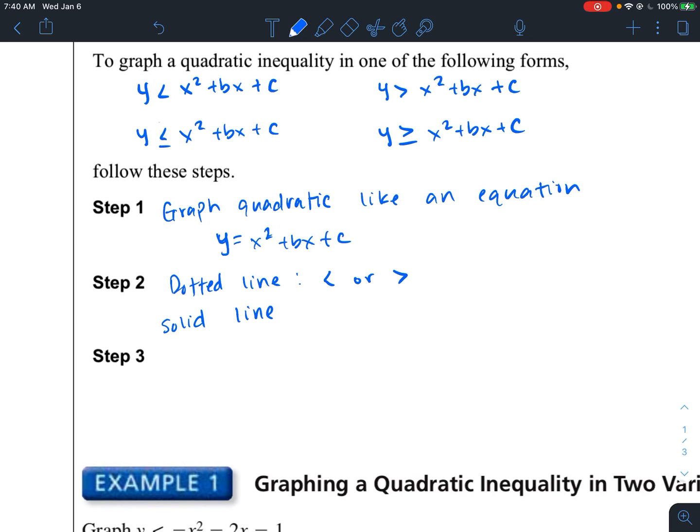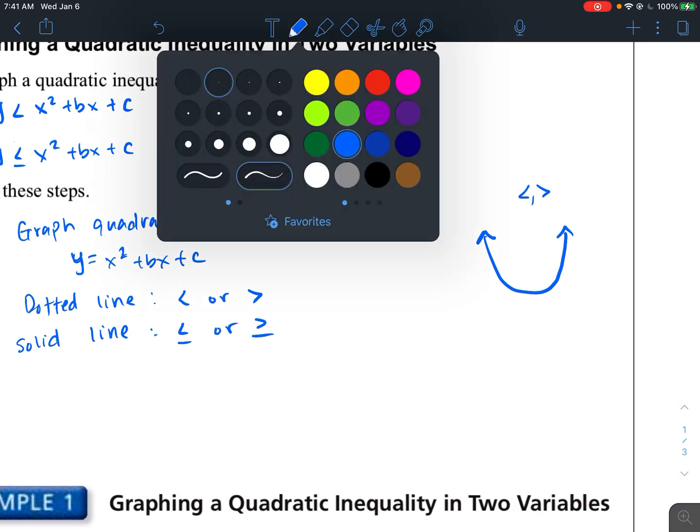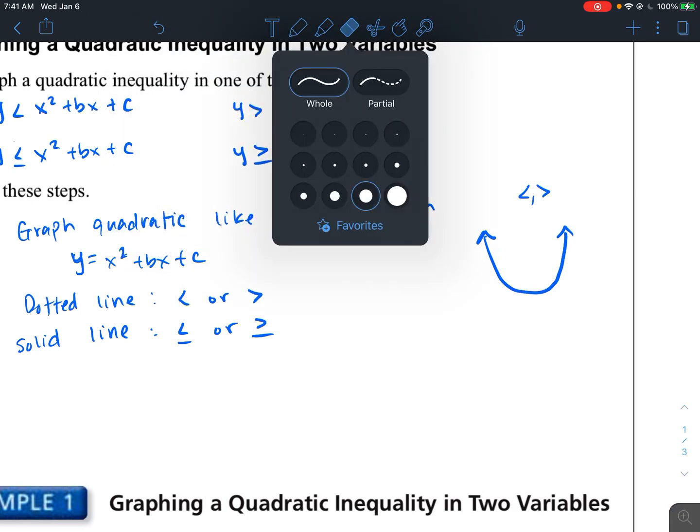It will be a solid line if it's less than or equal to or greater than or equal to. So basically, you're going to graph your equation. So you have this being graphed. Now, if your inequality is less than or greater than, then that means you're going to have a dashed or a dotted line.